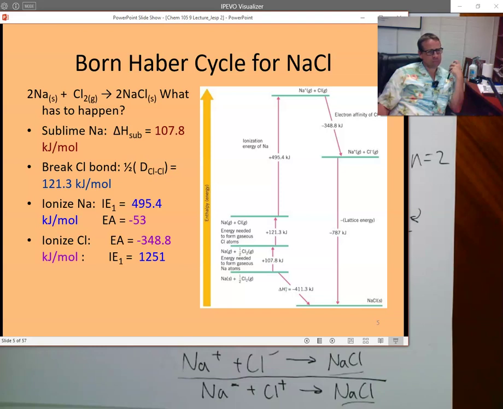Is it the 348.8? Okay. Is he right? Wait, no, maybe not. It's one of these two, right? Which one of these has to do with losing an electron? Is it electron affinity or is it ionization energy?